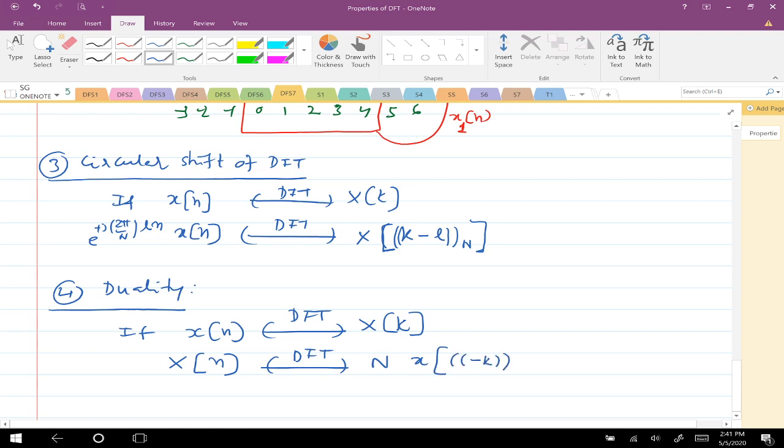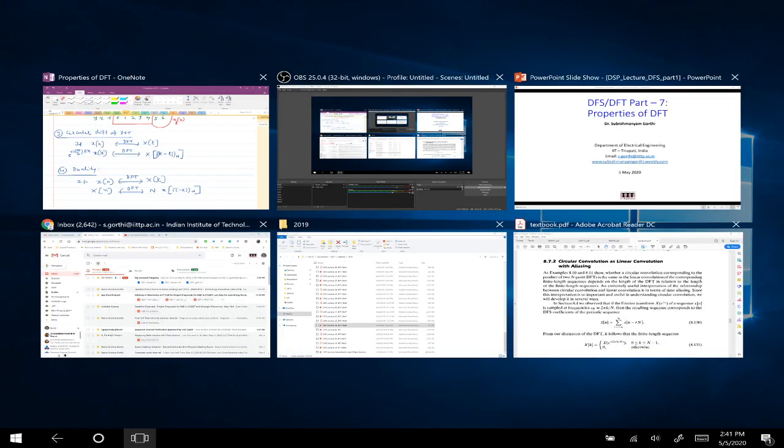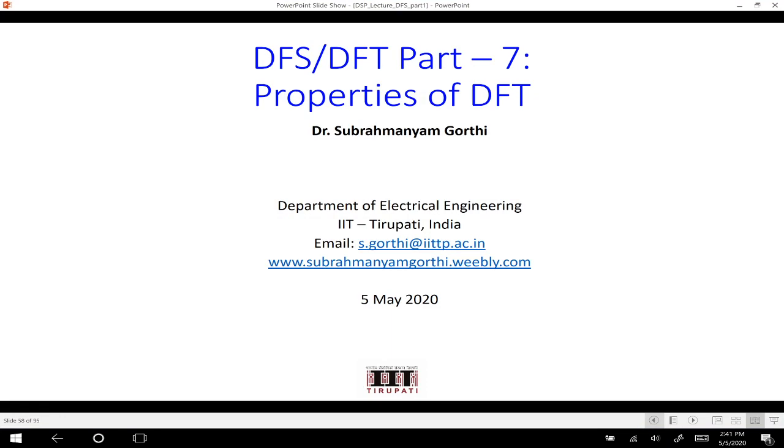As I mentioned, you take modulo n because you are doing all manipulations based on a single period of the signal. So this is minus k modulo n. That's all. Before I move further, let me show you one example for this and then go ahead.